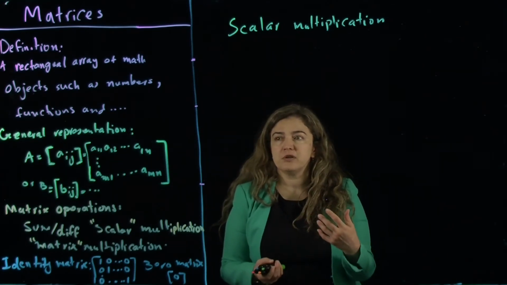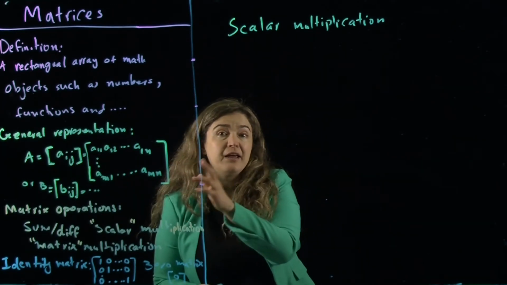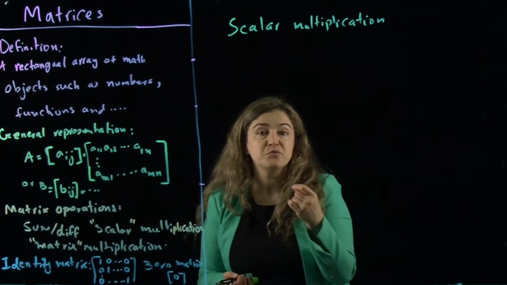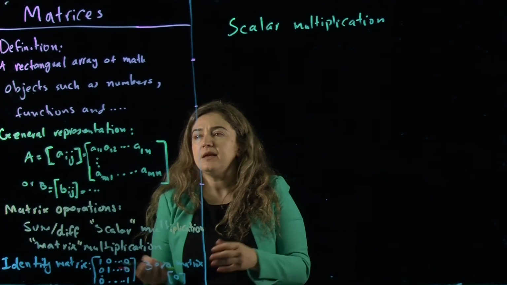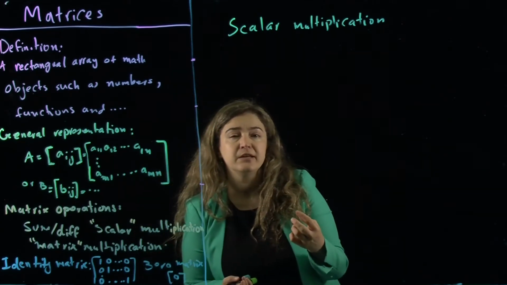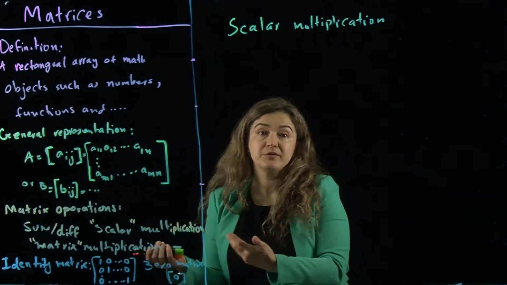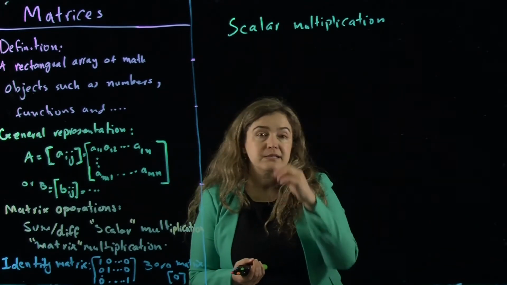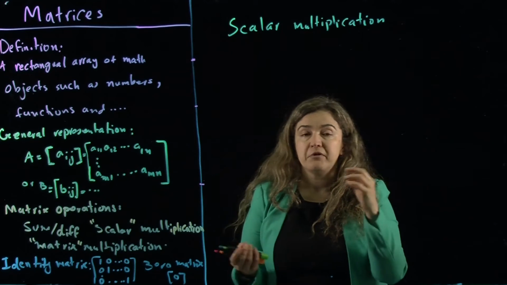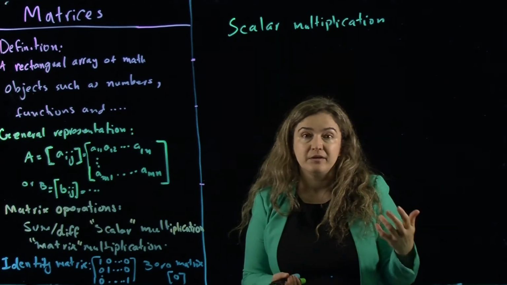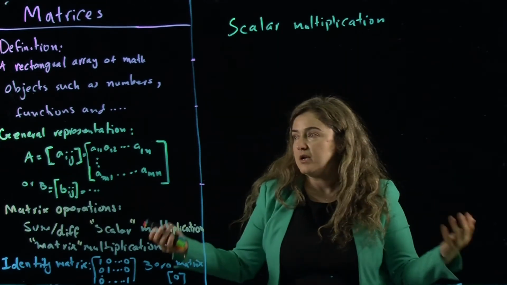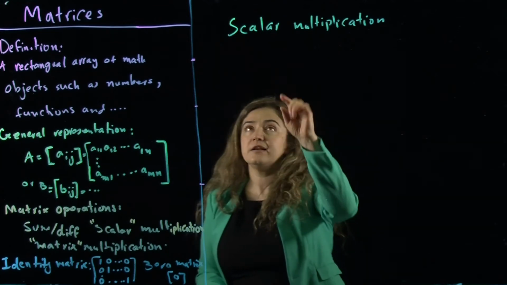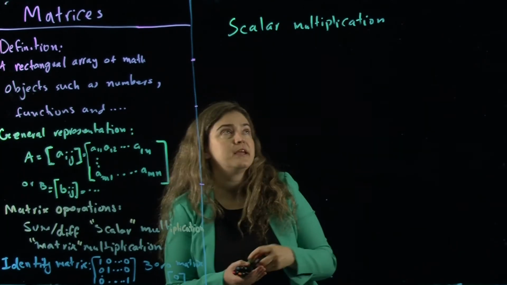But more generally, it's not an array of numbers. It's just one thing. In future, you can see that you can multiply a matrix by a function, as long as it's not an array of functions, or a pair, or a vector, or anything like that. That's called scalar multiplication.